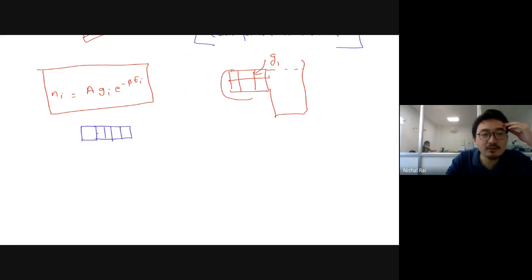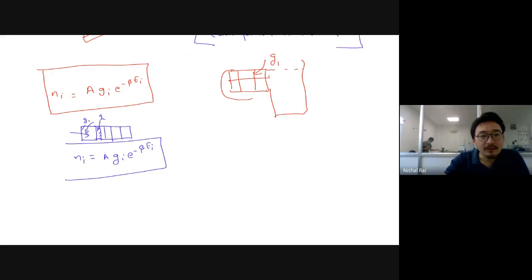Now, next what we do is, we make some of the cells larger and some of the cells smaller. Let's say this has a size of Z1, this is Z2, and so on. So Ni will be directly proportional to the size of the cell, or not? Will it be directly proportional to Zi? Because the cell is larger, it can accommodate more particles. So directly we can write Ni as a factor of Zi e to the power negative beta ei. Is it clear?